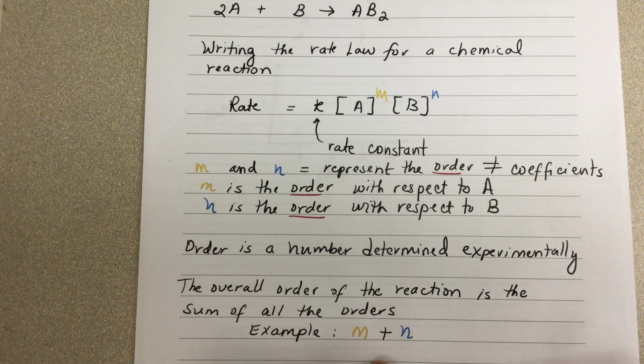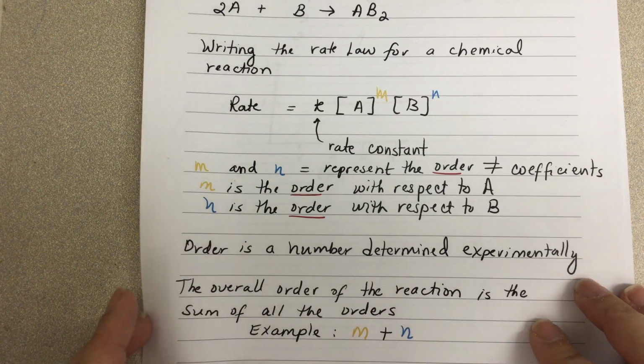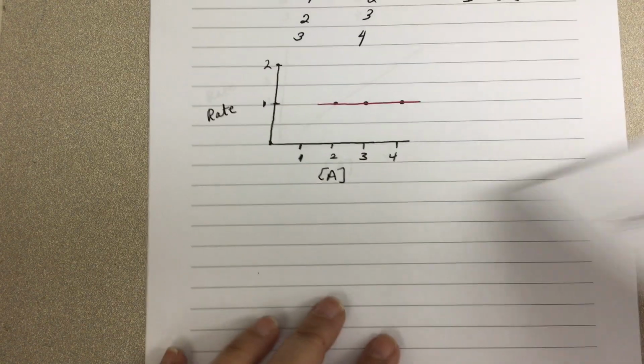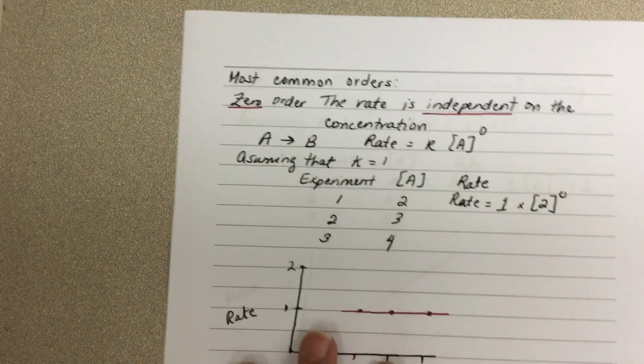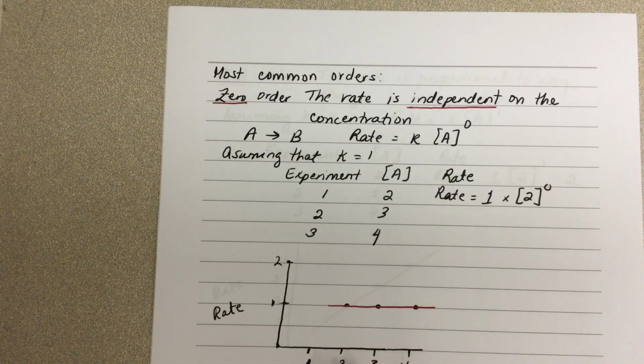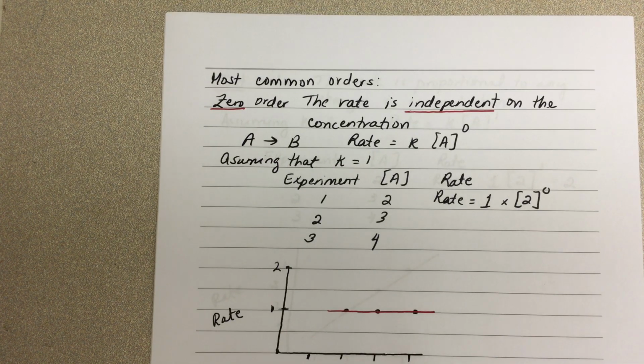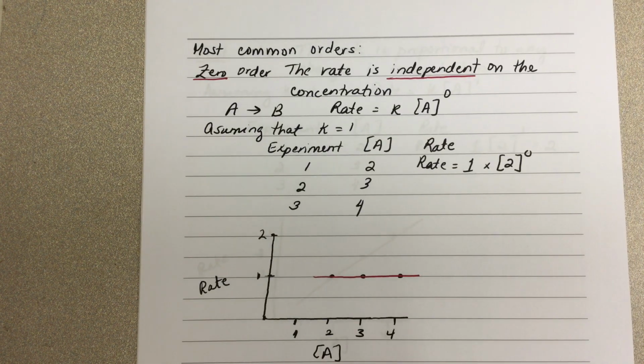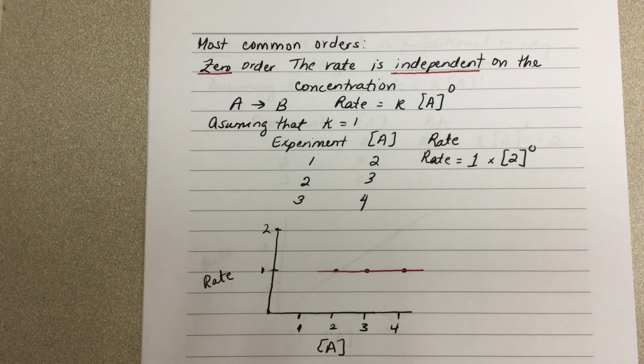So the overall order for the reaction will be whatever number you have for M plus whatever number you get for N. The most common orders for a reaction are 0, first, and second order. You can actually get fractions, you can get something higher than 2, but the most common ones are these, and these are the ones that you will see in any general chemistry class.